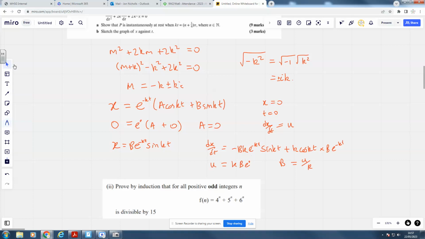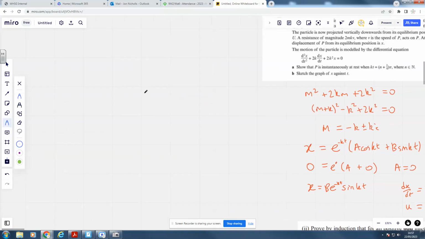And so now we can write down the particular solution to this equation. It is x equals u over k e to the minus kt sine kt. Done. Okay, and that's that. Now, if I want to know when this is instantaneously at rest, I'll differentiate it.